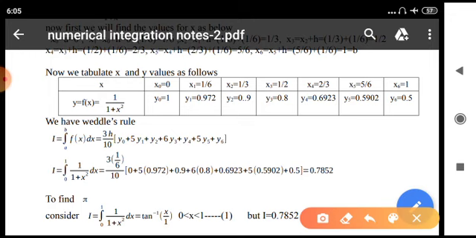When x2 is 1 by 3, y2 is 0.9. Similarly, we can calculate y4, y5 for x equal to 2 by 3, x equal to 5 by 6. And the last value, when x6 is 1, y value will be equal to 1 by 1 plus 1, that is 1 by 2, which is 0.5.